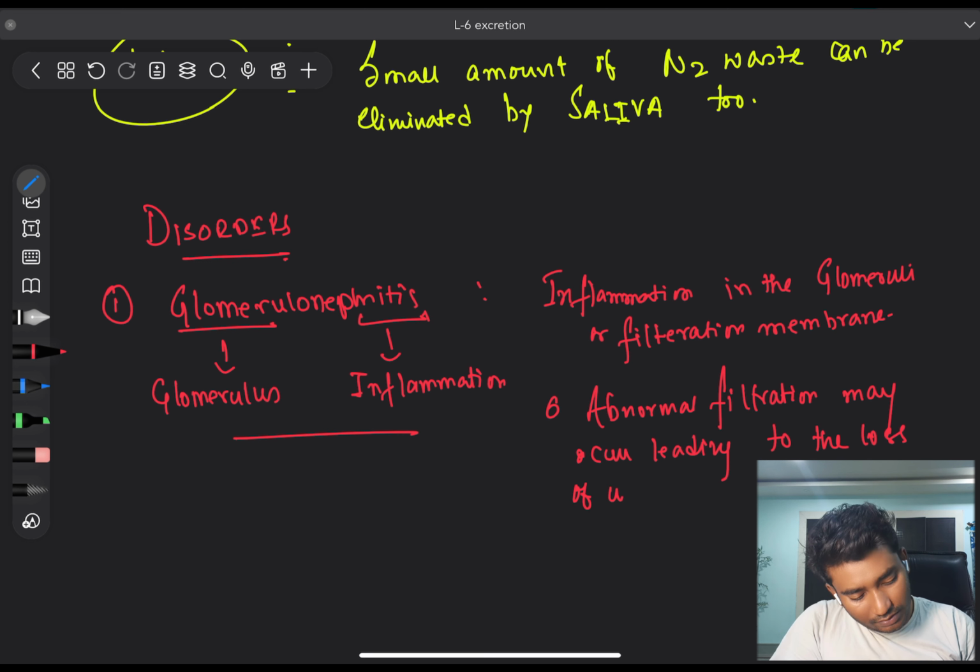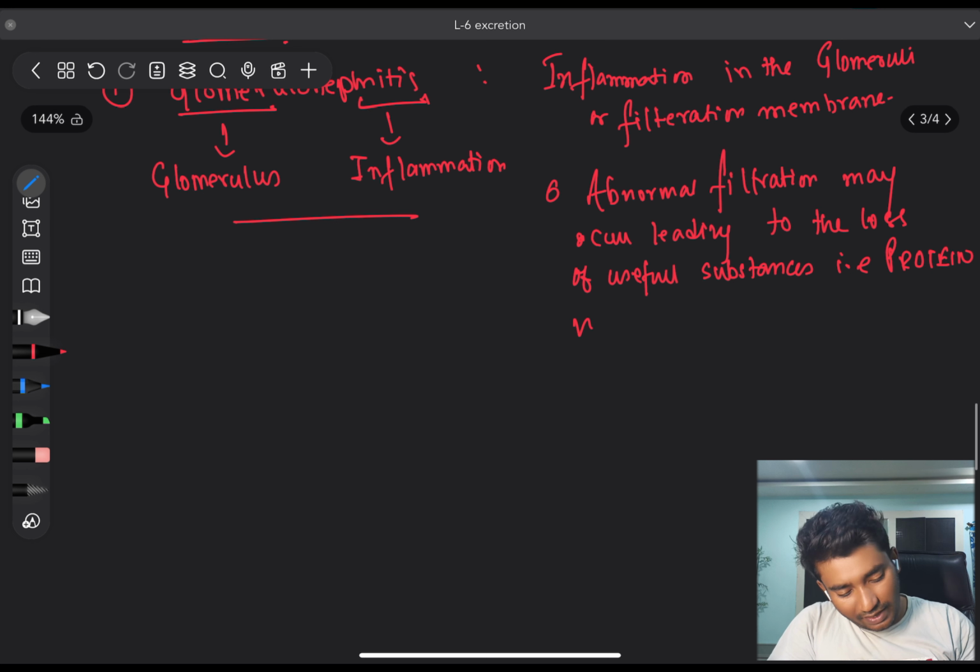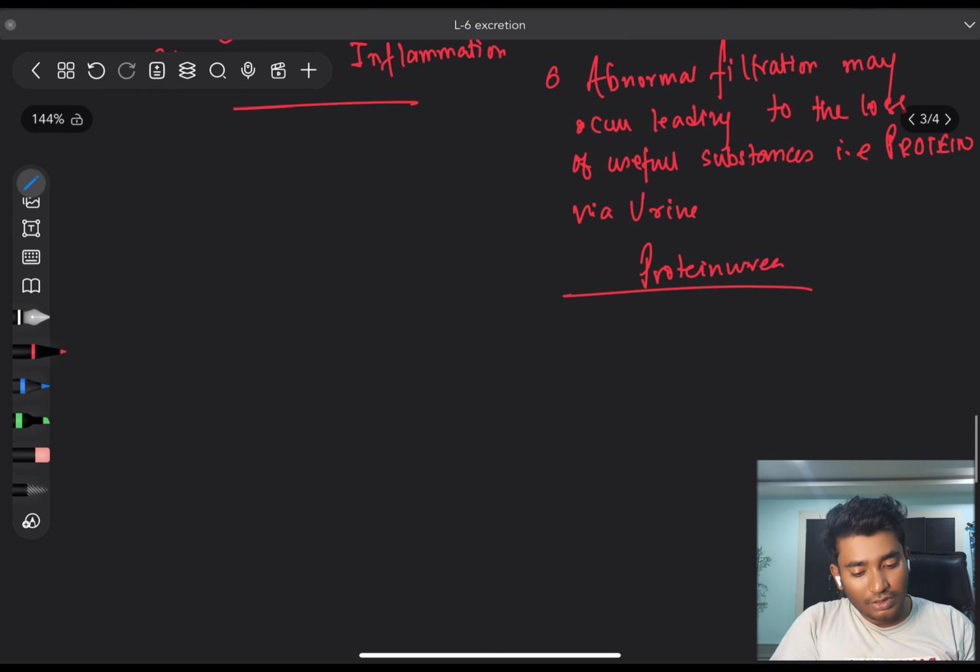Loss of useful substances, that is protein via urine, and this condition is called proteinuria. Okay, proteinuria.